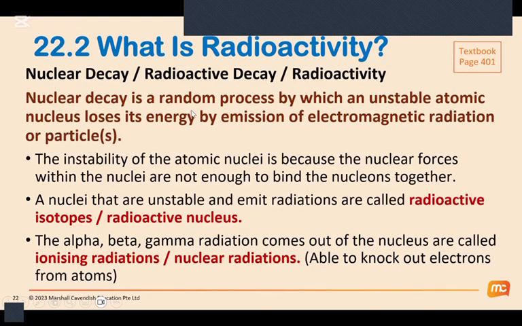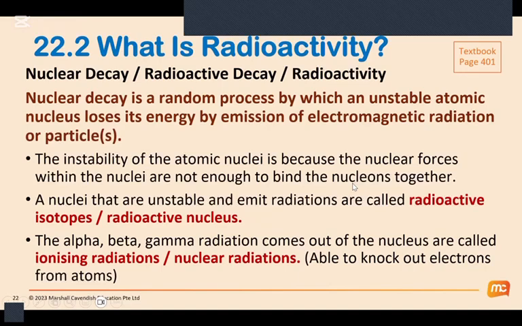It means it's the random process in which an unstable nucleus loses its energy through emissions of electromagnetic radiations or particles. And why is it that a certain nucleus is unstable? A certain nucleus emits all these radiations or particles because there is an imbalance of nuclear forces within the nucleus to bind the nucleons together.